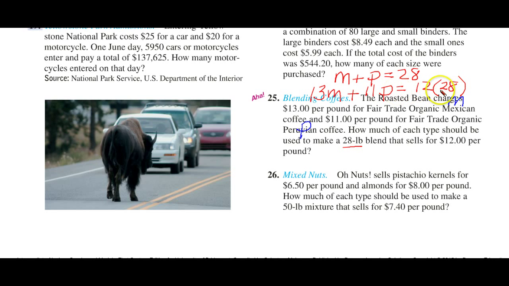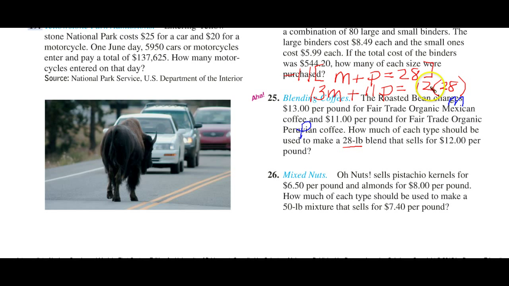So again, what technique might you use? And I would suggest you might say, well, I'm going to multiply this equation, everything, by a negative 11. When you do that, this becomes a negative 11p, and these will cancel out.